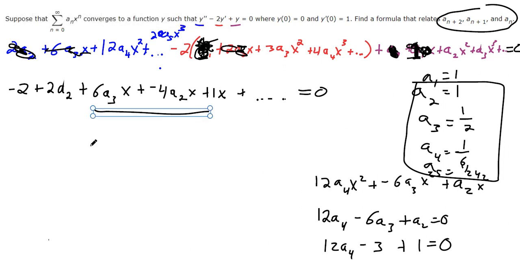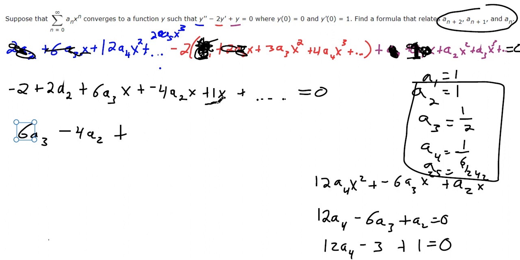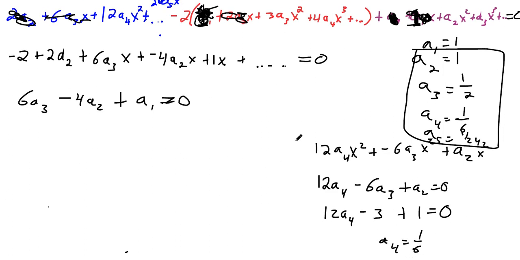When we related the x's to each other, we said 6a sub 3 minus 4a sub 2 plus a sub 1, right? That needed to equal 0. That was one of the equations that we solved. And if we looked at the x squared equations, we still have it written over here in the bottom right portion of the screen. That equation was 12a sub 4 minus 6a sub 3 plus a sub 2 needed to equal 0.